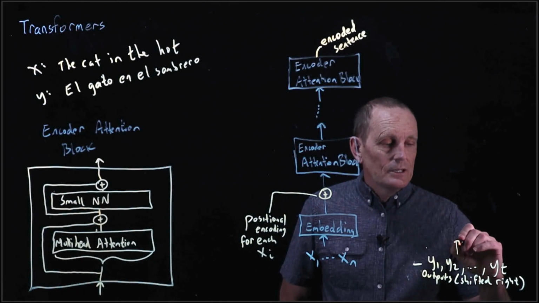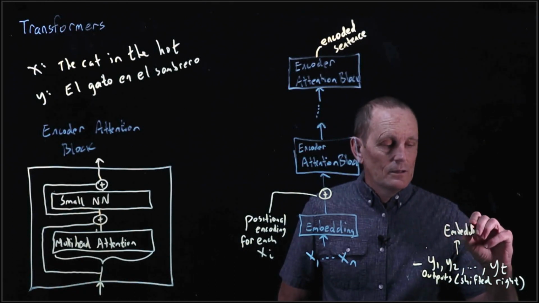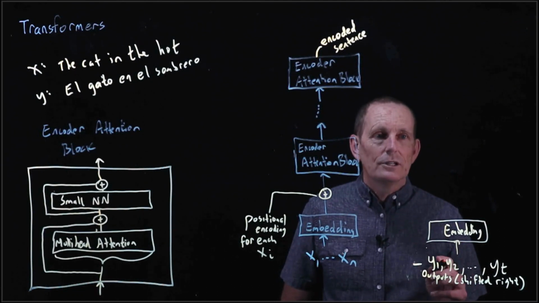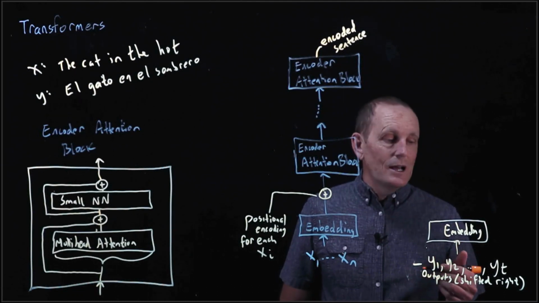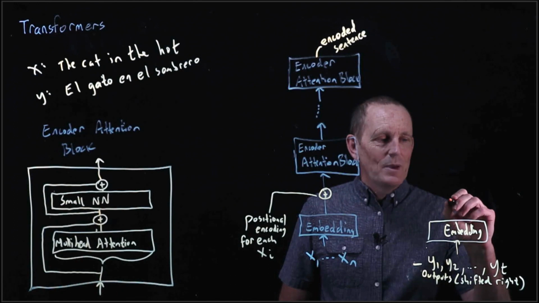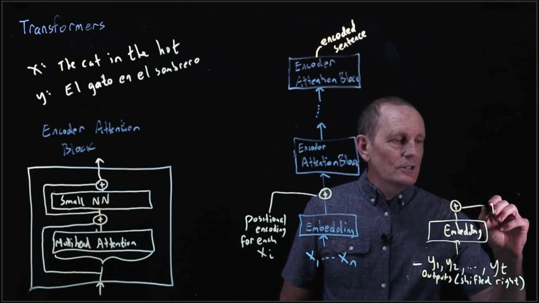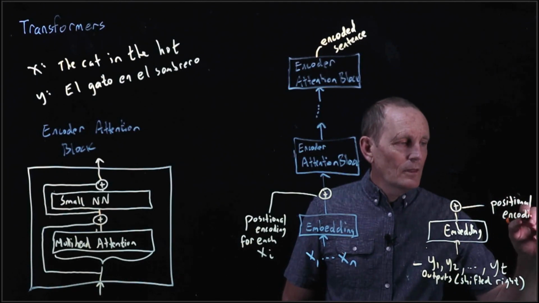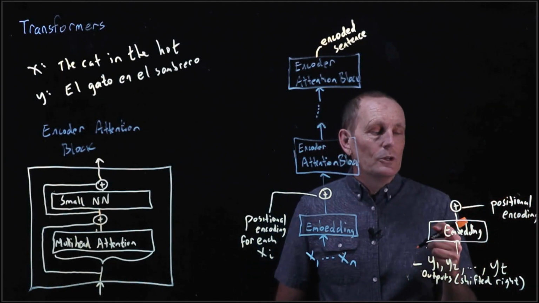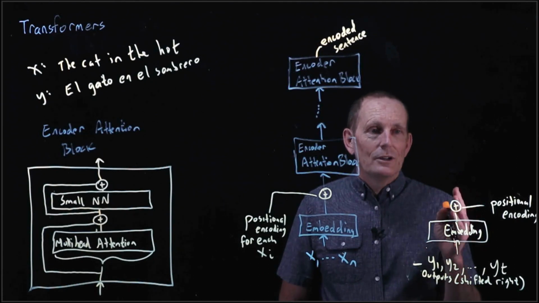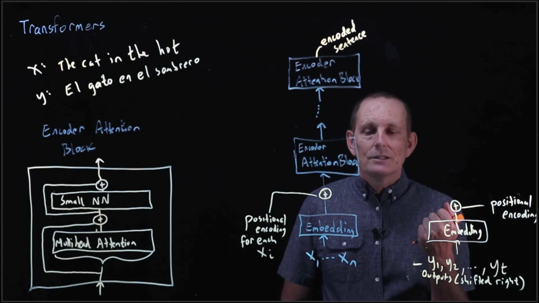We're going to feed this into embedding. Do we need to have positional encoding here? Yes, because the order, again, of this matters. So we're going to feed in positional encoding so that after the positional encoding, we'll not only know what each word is, but also embedded in it where it is, right?